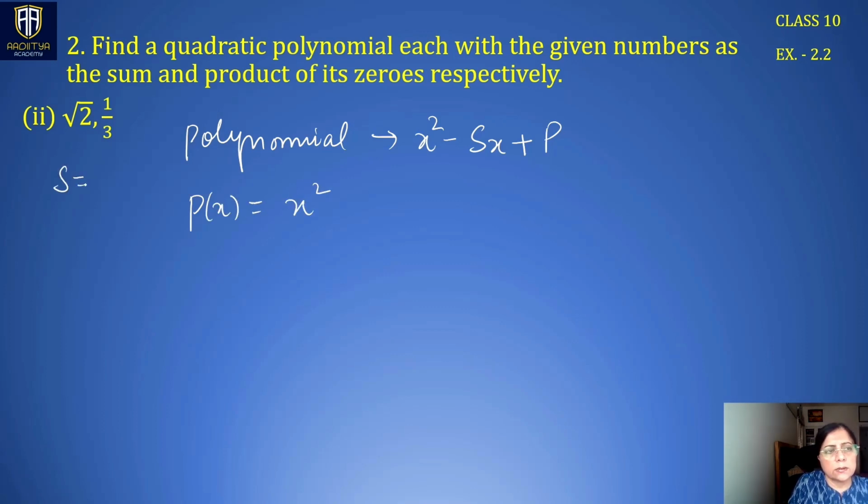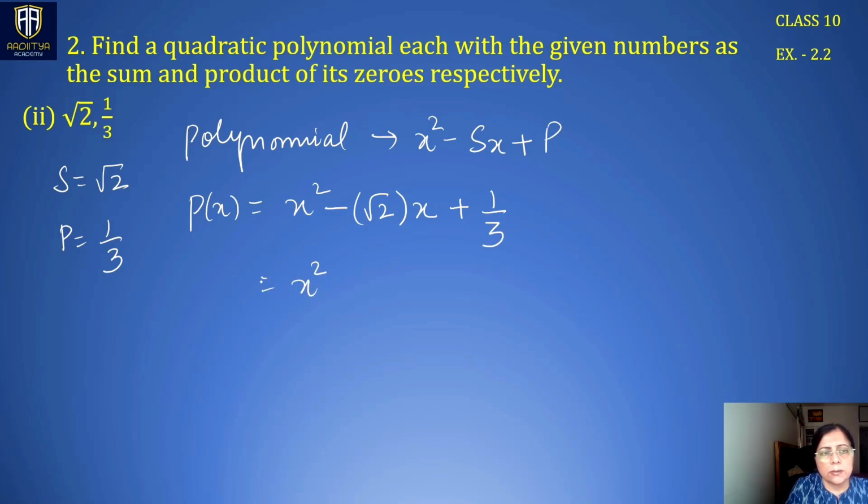Here the sum is square root of 2 and the product is 1 by 3. So x square minus, in place of sum, you can write square root of 2 multiplied by x plus product. Product is 1 by 3. So the polynomial becomes x square minus square root of 2 x plus 1 by 3.